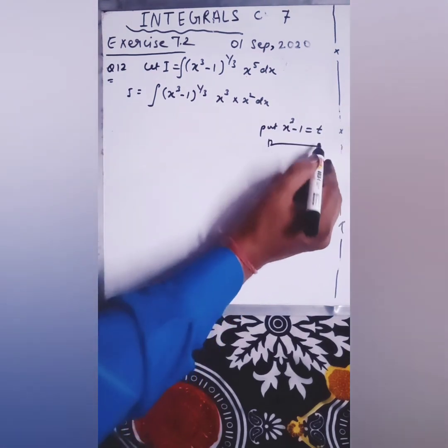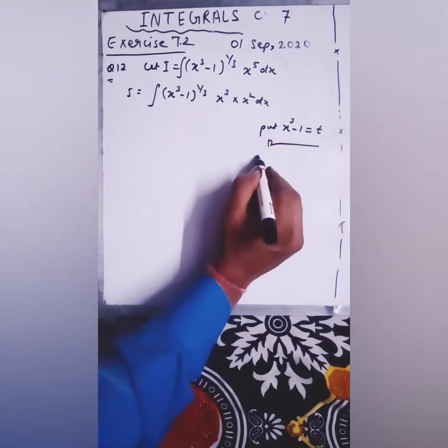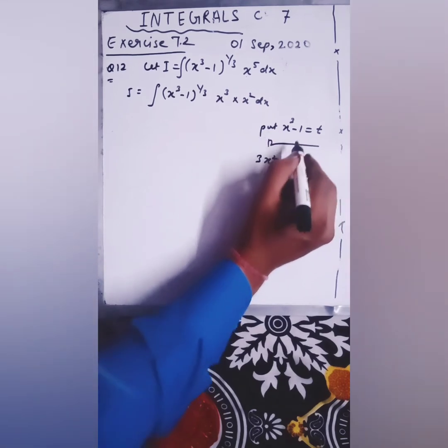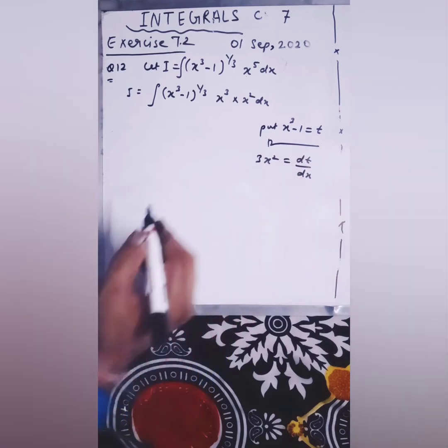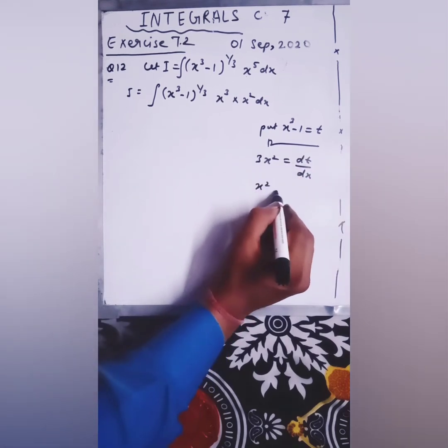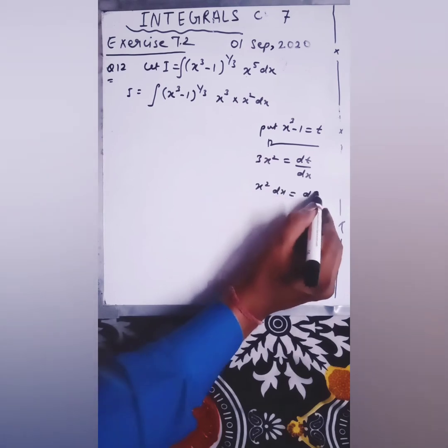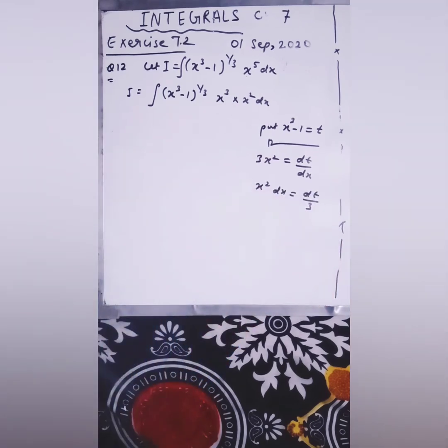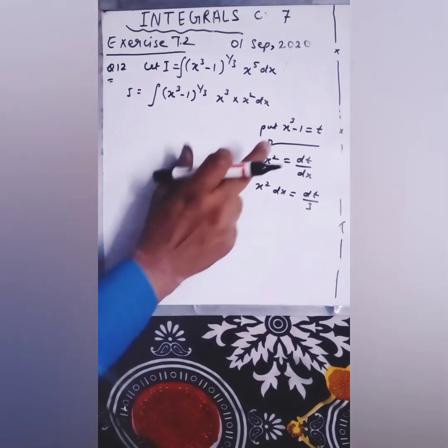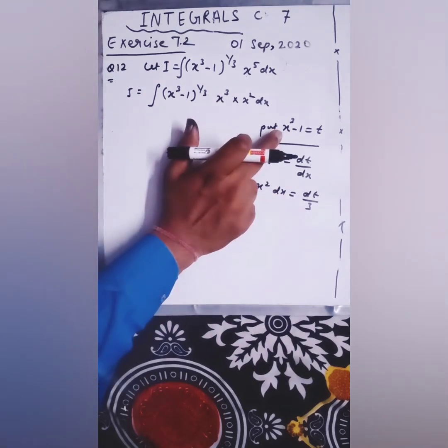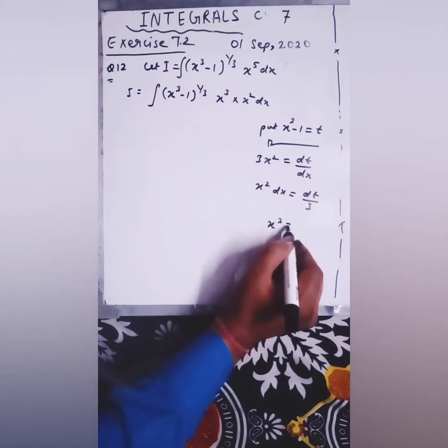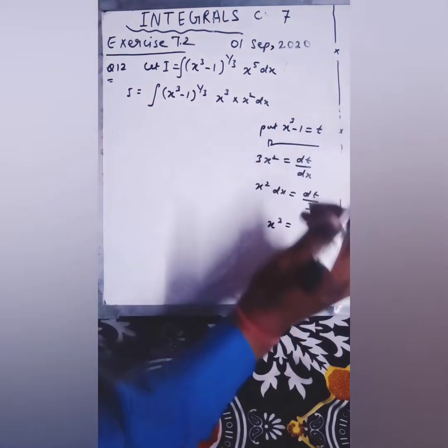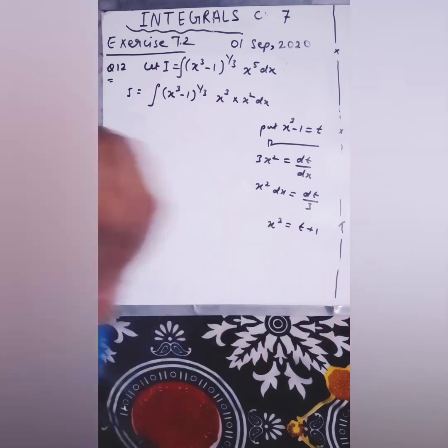Differentiating both sides with respect to x, here you will get 3 x square, this would be 0, and dt by dx. So x square into dx is equal to dt by 3. And from this data you can find out the value of x cube also. So x cube will be t, this 1 will come to this side, so it would be t plus 1.